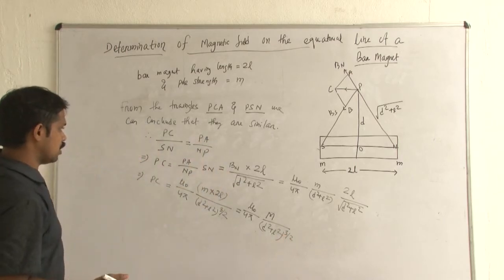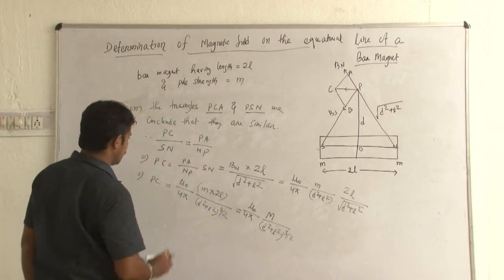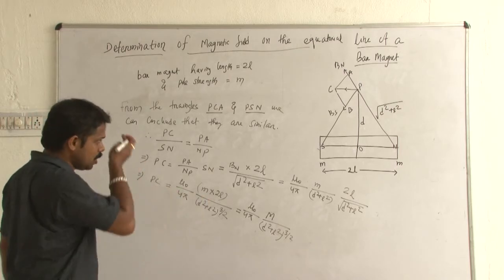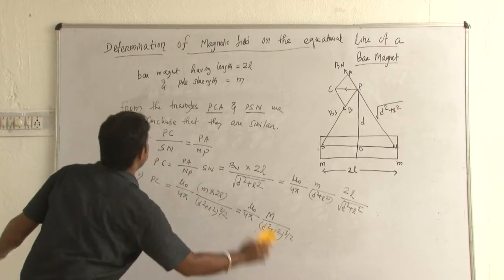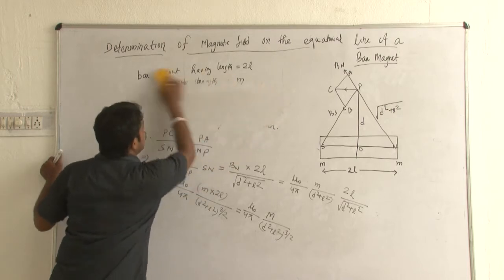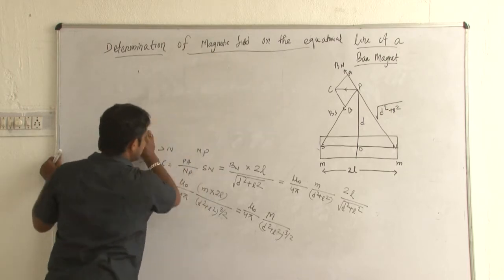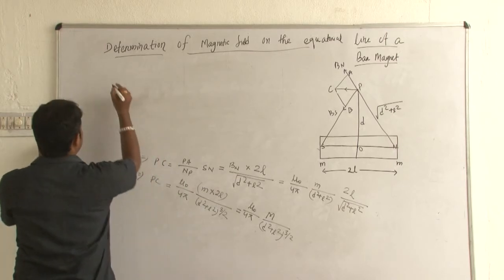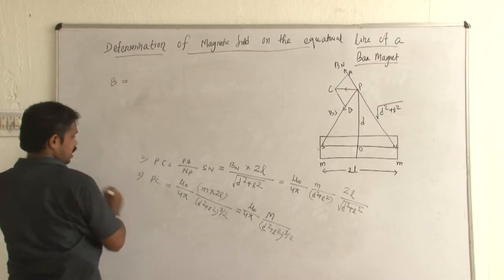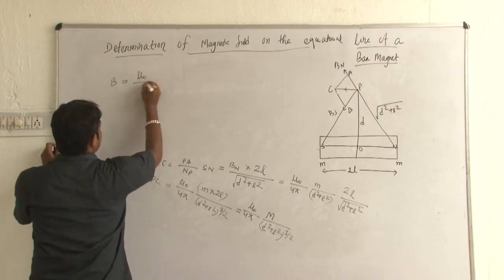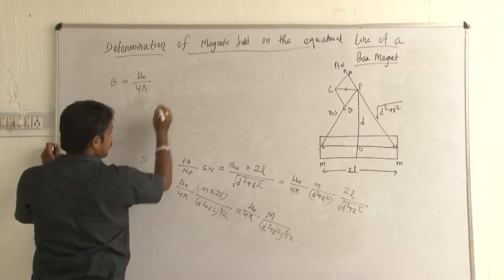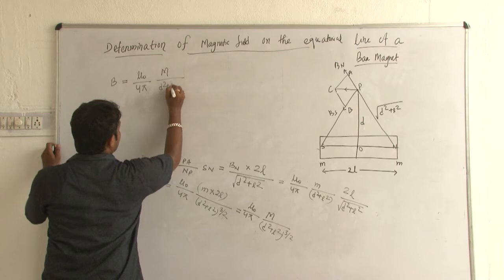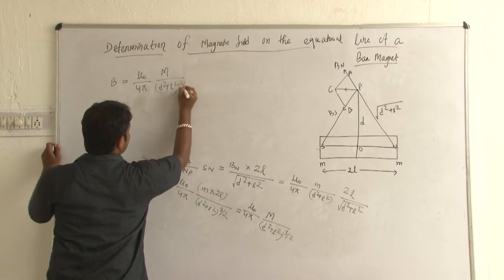Very simple. Okay, so now I have got the resultant magnetic field. Clear all of you? So what is the value? Let us write it. The value of the resultant magnetic field B is equal to mu 0 divided by 4 pi, M divided by d square plus l square to the power 3 by 2.